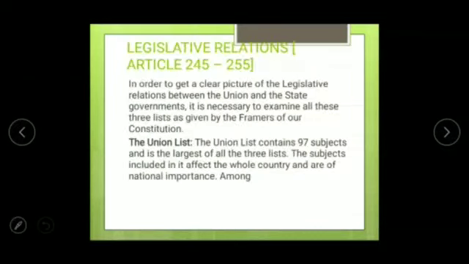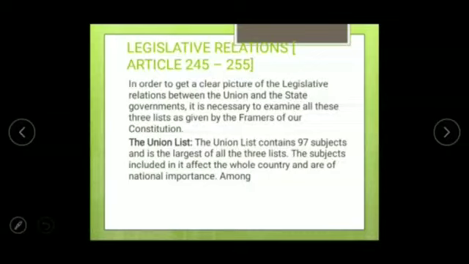It gives the exclusive legislative power to the Union to legislate on 97 items, which includes defense and armed forces. That means the Union List gives the Union power to exclusively legislate over these 97 subjects which are given under the 7th Schedule of the Constitution.